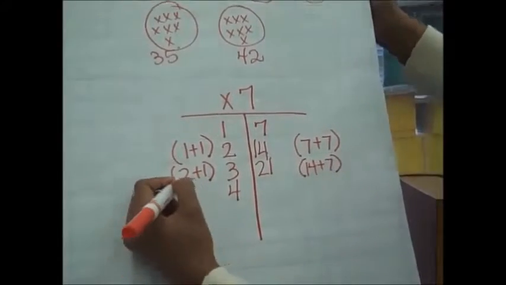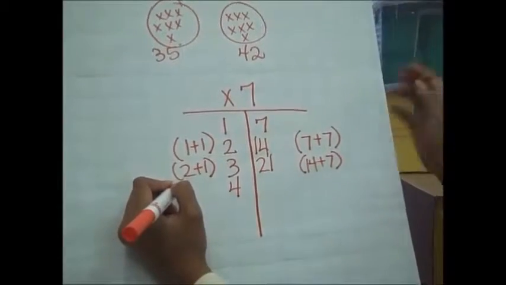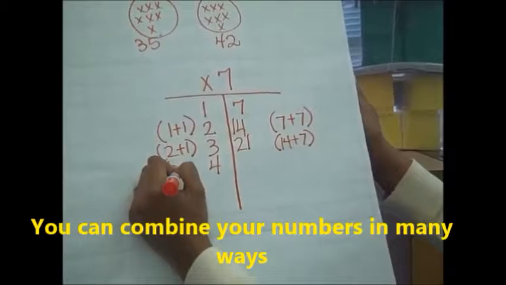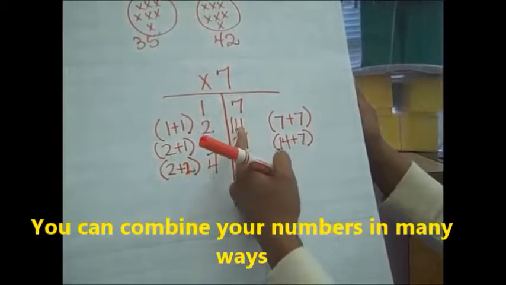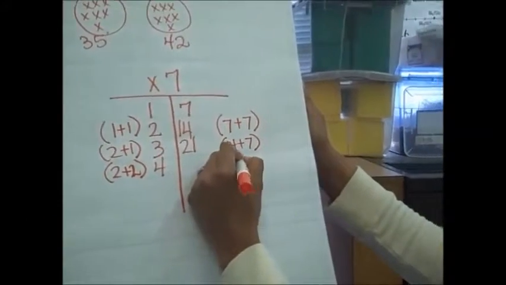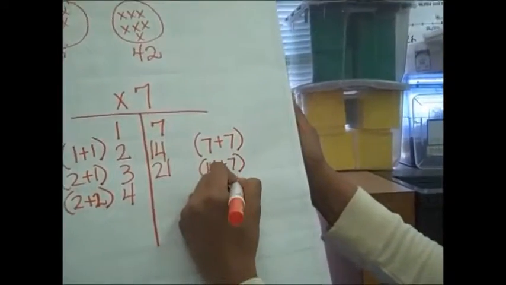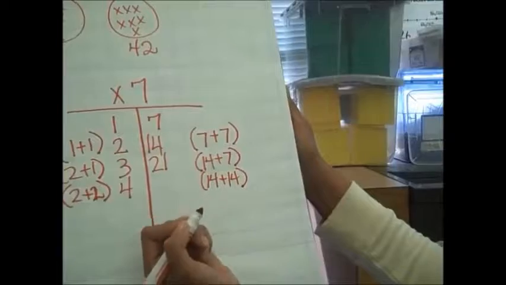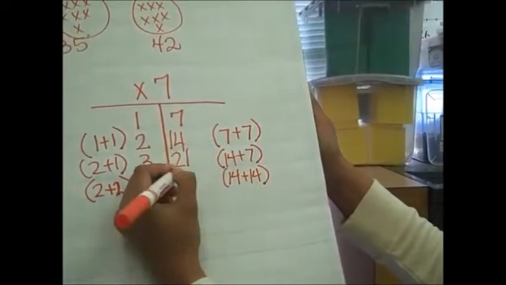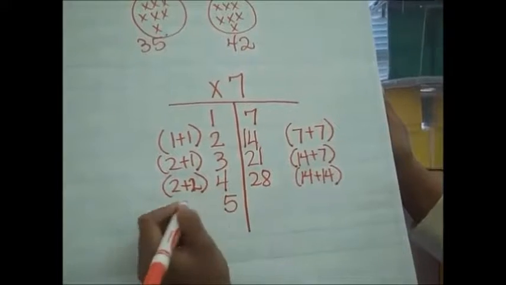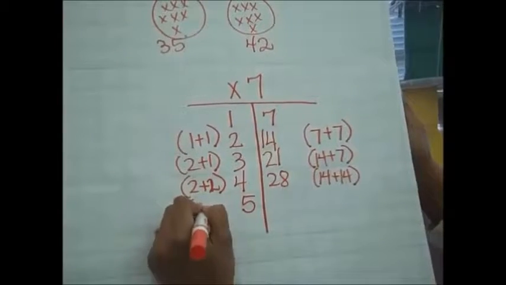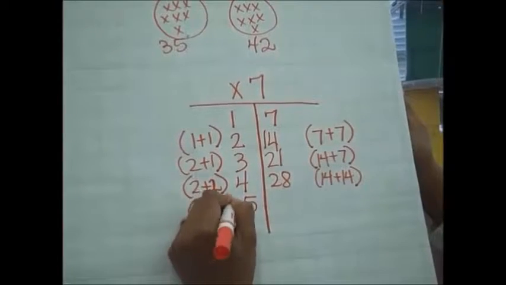Four groups, I could combine 3 plus 1, but I like using 2 plus 2. I like that because I know in two groups I have 14, plus another two groups of 14. That's a double. 14 plus 14 is 28. Five groups, I'm going to use 3 plus 2.